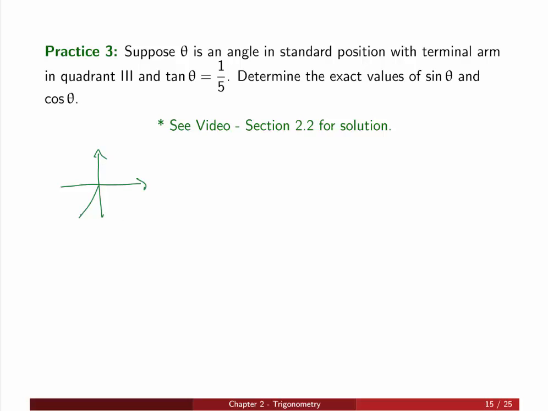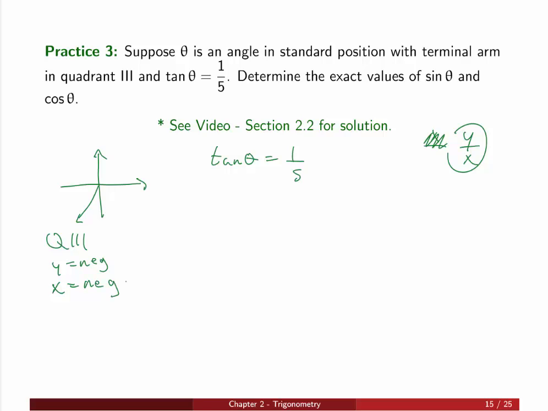We have a terminal arm in quadrant 3. We know tangent is 1 over 5. Tangent is equal to y over x. But since we're in quadrant 3, y is negative, and so is x. They're both negative values. Therefore, y has to equal negative 1, and x would have to equal negative 5. That gives you the positive value here.